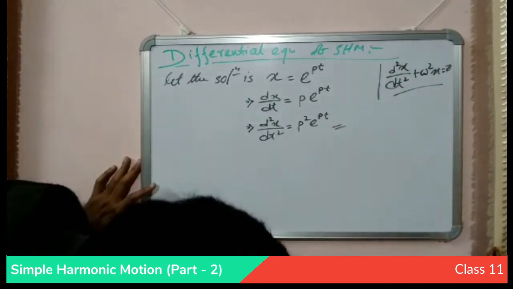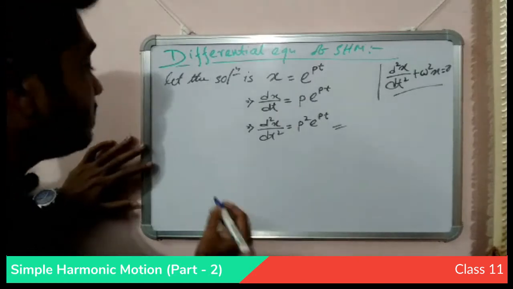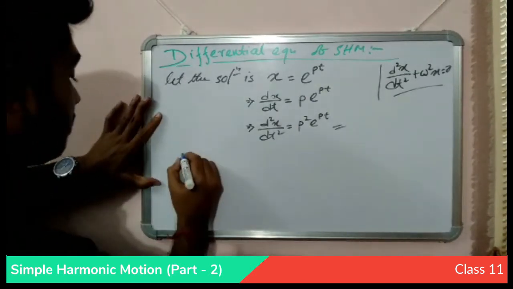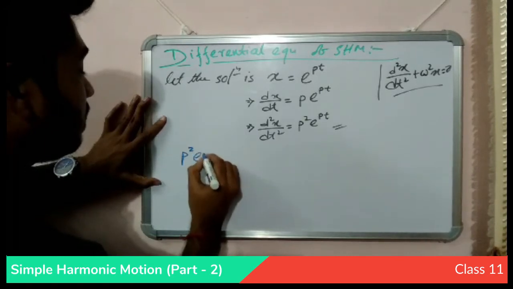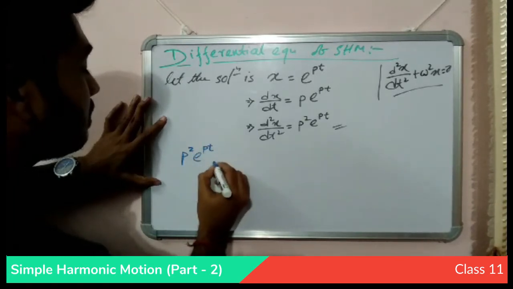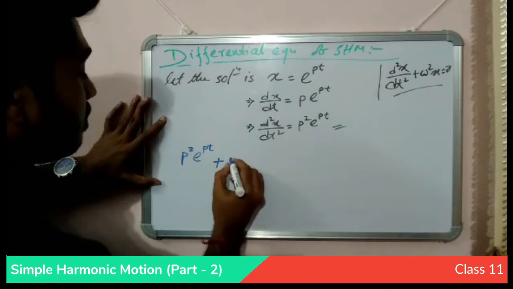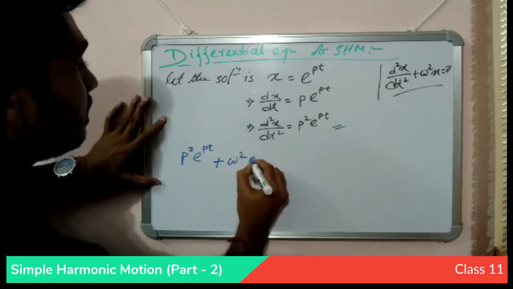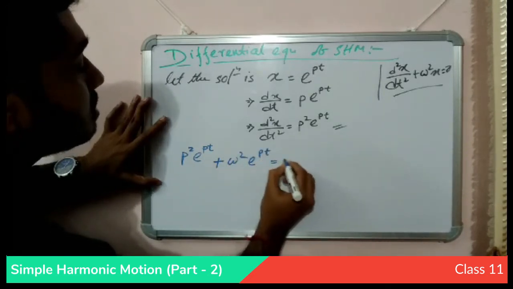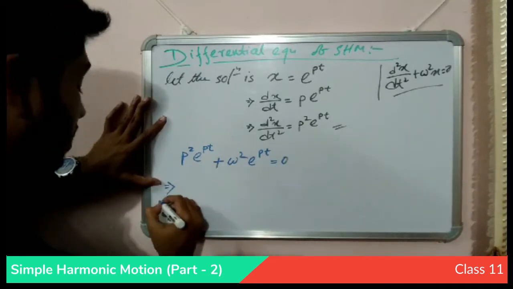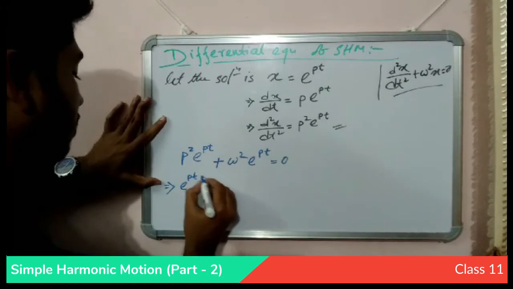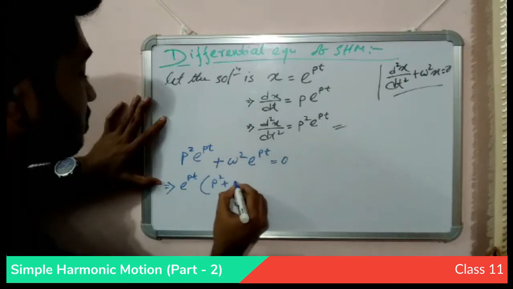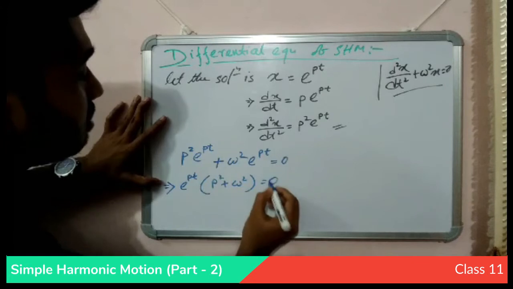The equation will become like this: p square e to the power pt plus omega square e to the power pt is equal to 0, and then taking common e to the power pt from both sides, p square plus omega square equals 0.